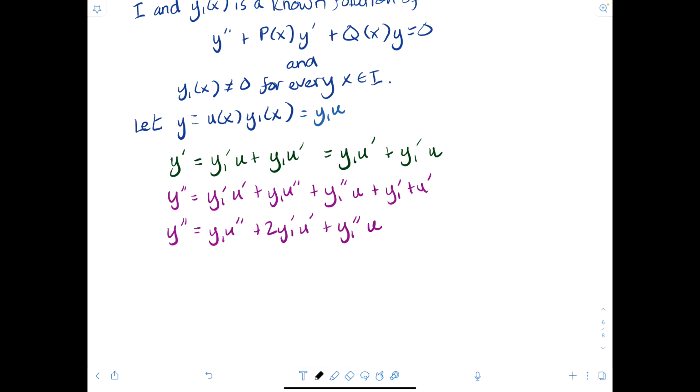Now putting them together, just like we did before, we're getting a general formula. So we started with y double prime plus p times y prime plus q times y, and that has to equal 0.